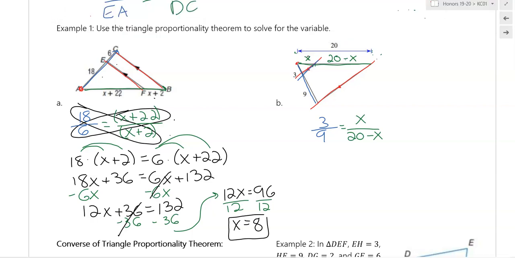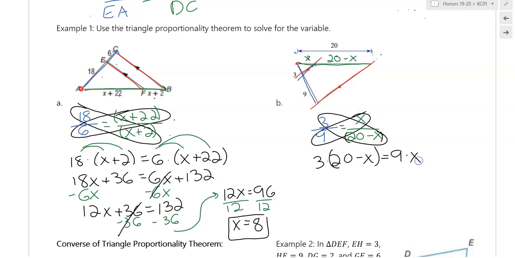So then, I have 3 times 20 minus x equals 9 times x.